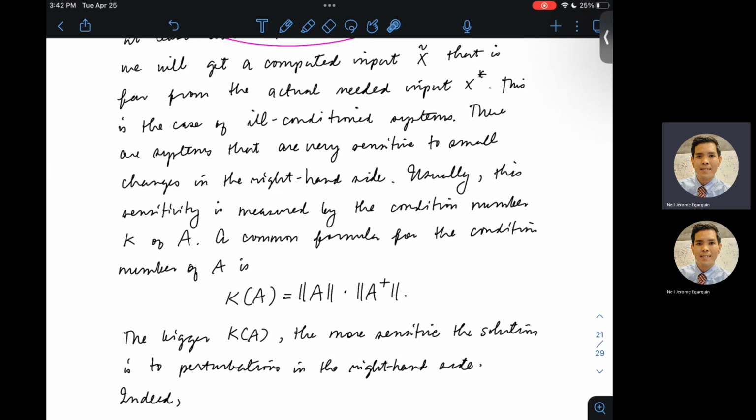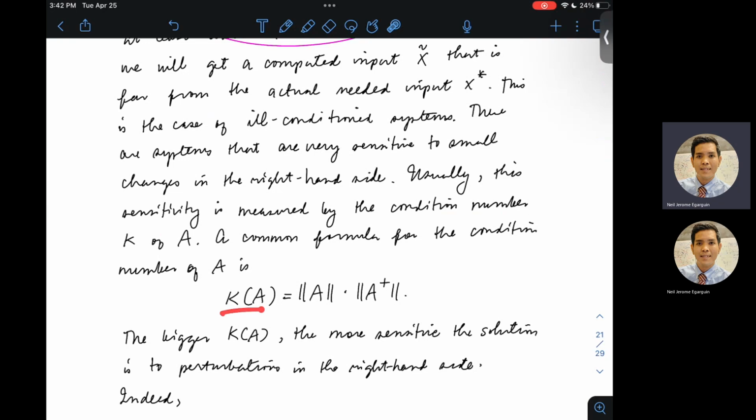So whenever you're doing computations involving overdetermined systems, especially larger ones, it pays to check the condition number of your coefficient matrix. The condition number of the coefficient matrix is usually denoted as kappa of A. There are several formulas for the condition number, but this is what we'll use, and it is also built into MATLAB.